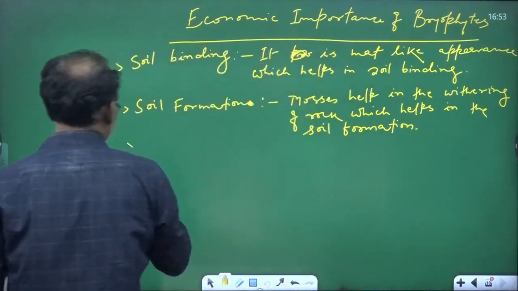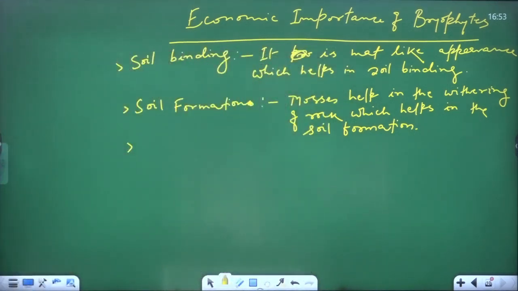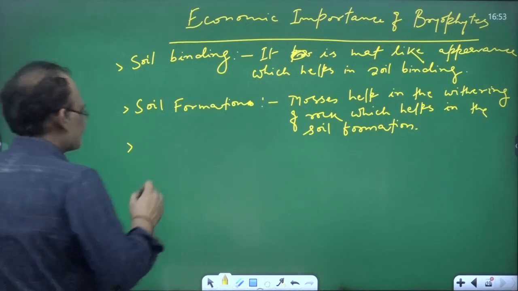Soil binding, soil formation. Next point, sphagnum, source of peat.